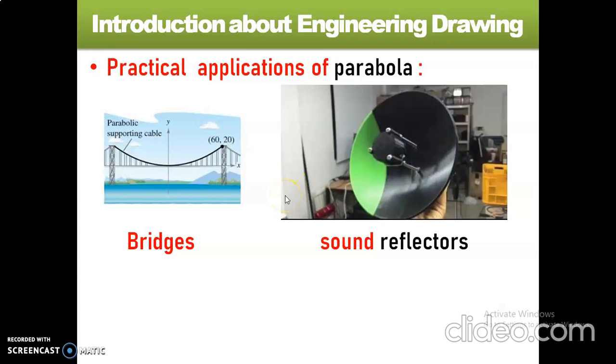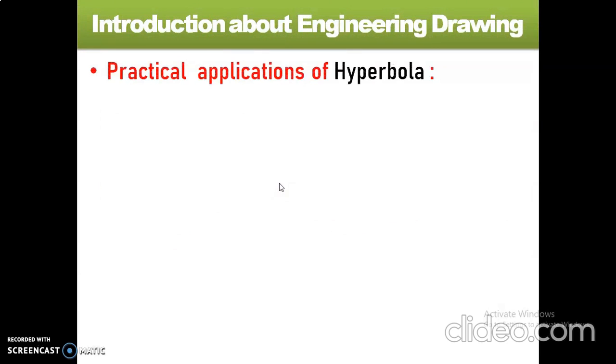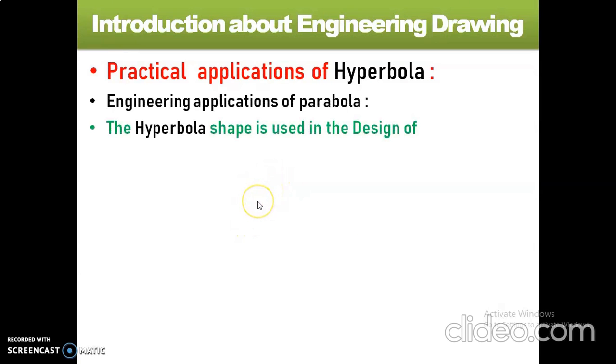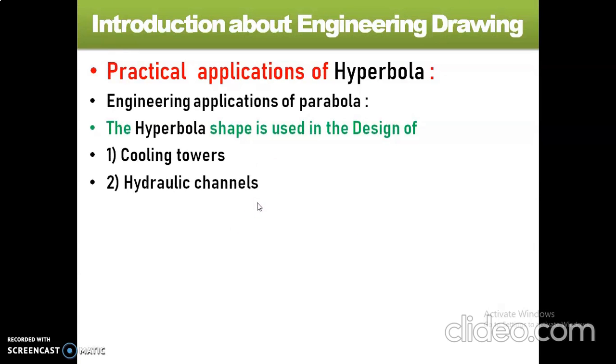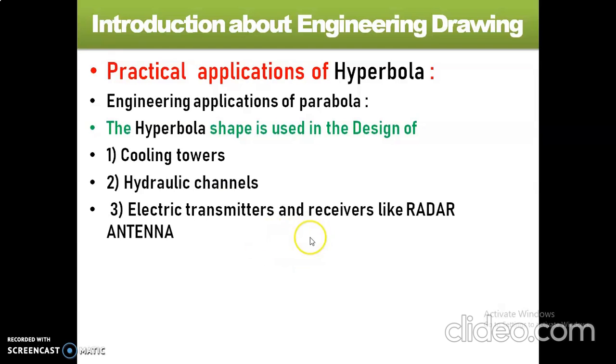Next, we will see the practical applications of the hyperbola. The hyperbola shape is used in the design of cooling towers, hydraulic channels, and electric transmitters and receivers like radar antennas.